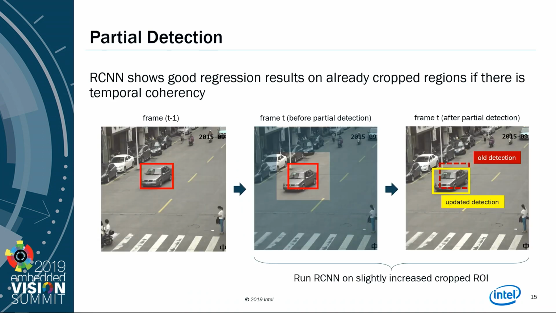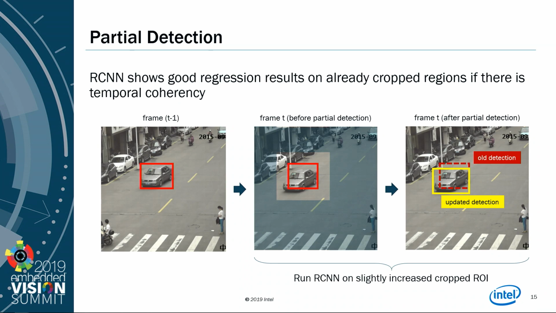Let me briefly show what kind of approach is possible for partial detections, before I finally show some example implementation of the detection and trackers. For partial detection, if you use Faster R-CNN or SSD-like algorithms, actually the most recent object detectors have some regression capabilities. For example, R-CNN shows a good regression result on already cropped regions if there is enough temporal coherency.